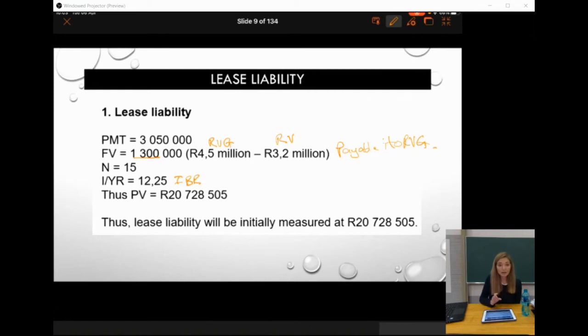Yes, so it's not a variable lease payment. It looks like it is, but the minimum payment is actually fixed. Lease term was 15 years. Interest rate is the incremental borrowing rate, and that gives us then our present value, which is the initial recognition of the lease liability. Okay.